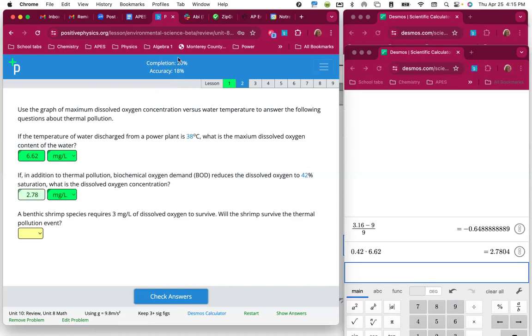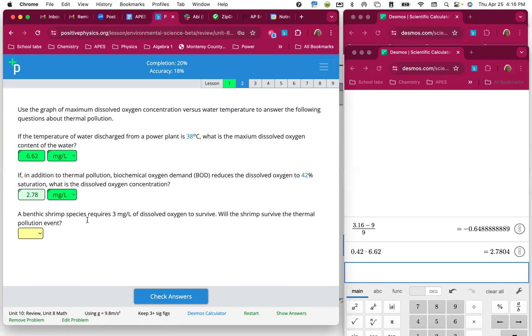So your students will be able to see their completion score go up to 100% no matter what they do, but they will have a lower accuracy score, and that's great feedback for you as the teacher to know if there's something that all of your students were struggling with that you could go back and explain a little bit more. And then this is also randomized, a follow-up question after this.